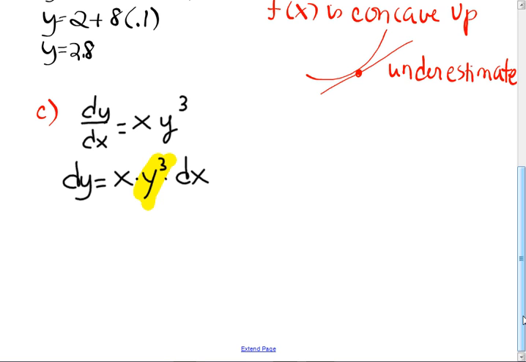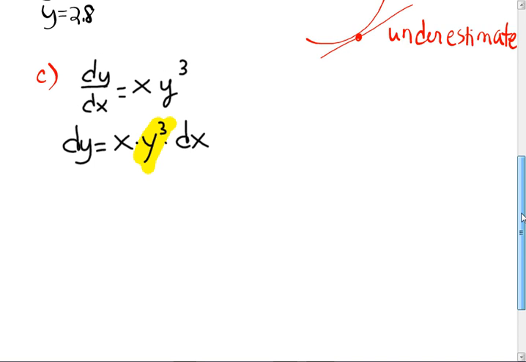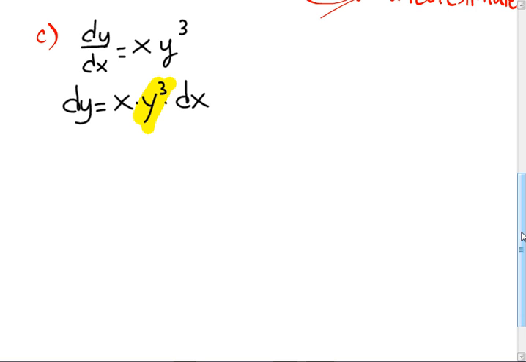So we'll divide by y cubed. And this is where we have some problems integrating. So you get 1 point for this. So it's 1 over y cubed dy.